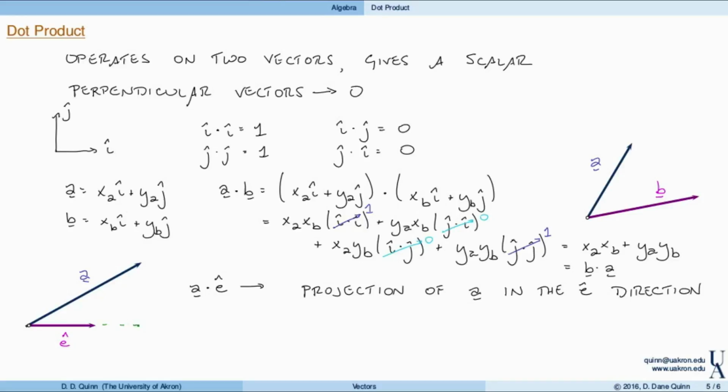So if I looked at the projection of A down onto this E direction, then this length is A dot E.